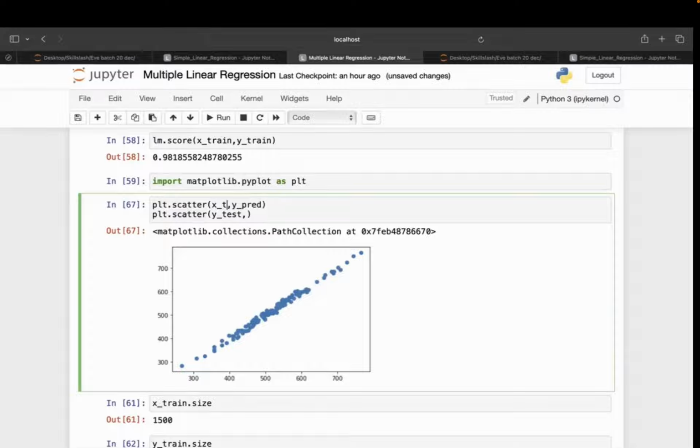X test, y test. X test and Y test will create the original data point.